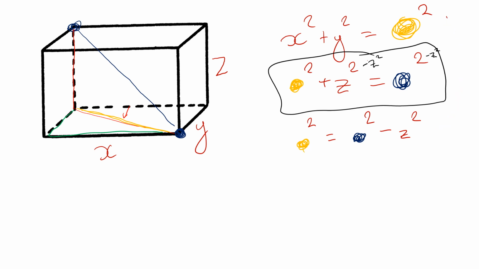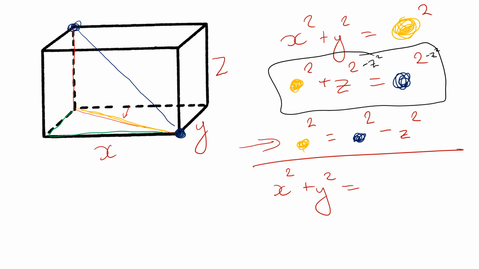So I'm going to rewrite this equation, but every time I see my yellow color, I'm going to write out the value of my yellow color instead. So I'm going to put x squared plus y squared equals, and remember I'm using the value of my color squared, equals just blue color squared minus z squared.